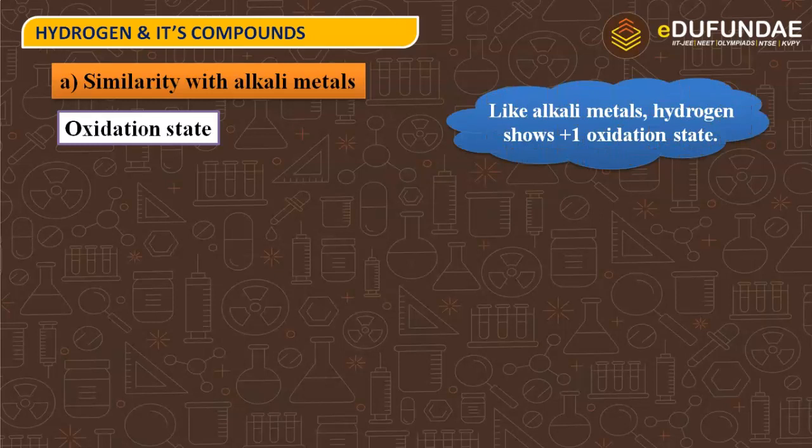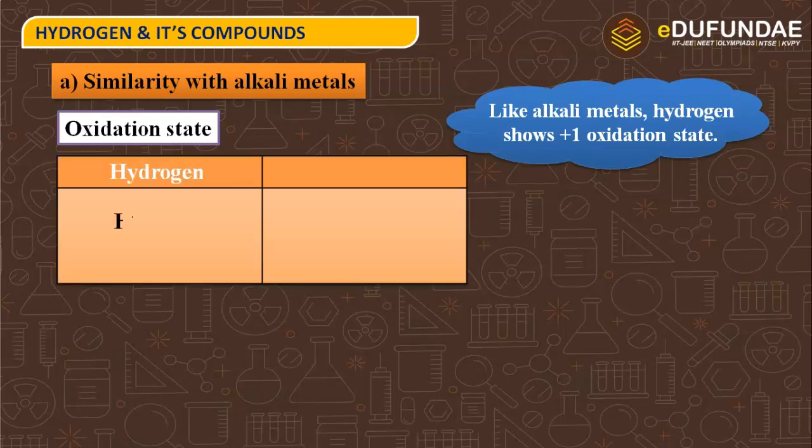Next is oxidation state. जो alkali metals होते हैं, those metals shows +1 oxidation state, and similarly hydrogen also shows +1 oxidation state. For example, hydrogen का एक compound ले लिया हमने HCl, hydrogen chloride, and in this compound hydrogen loses one electron, and that electron is gained by chlorine.